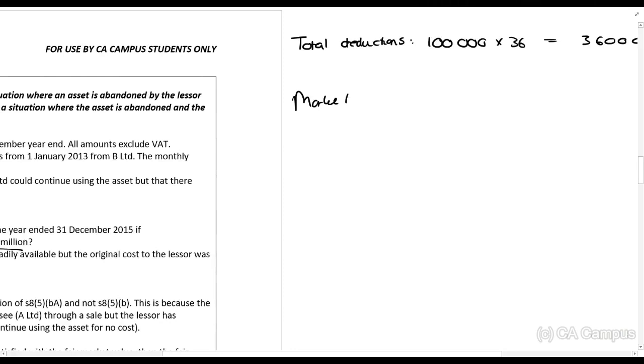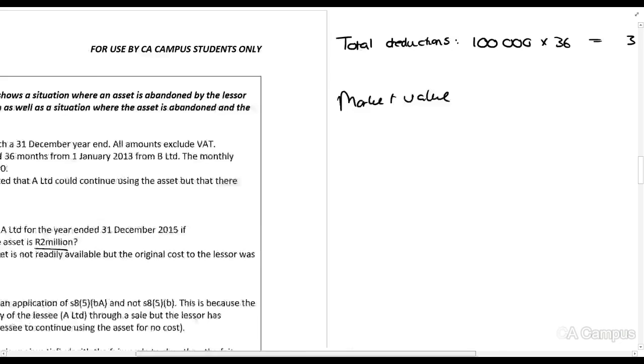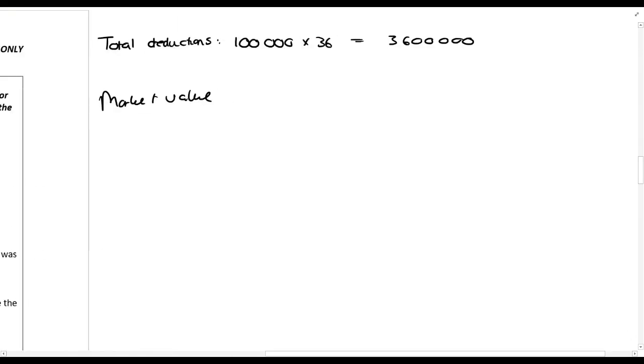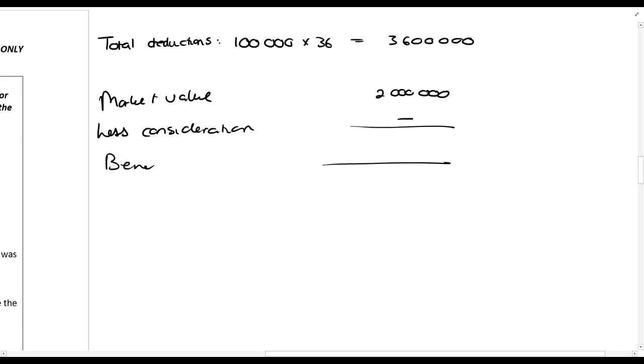The market value of this asset is 2 million rands, less any consideration that we paid to get it. Nothing. So our benefit, 2 million rands. So we want to tax on the full 2 million. We could tax on a maximum of 3.6 million. So what is our section 8.5 benefit here? 2 million.